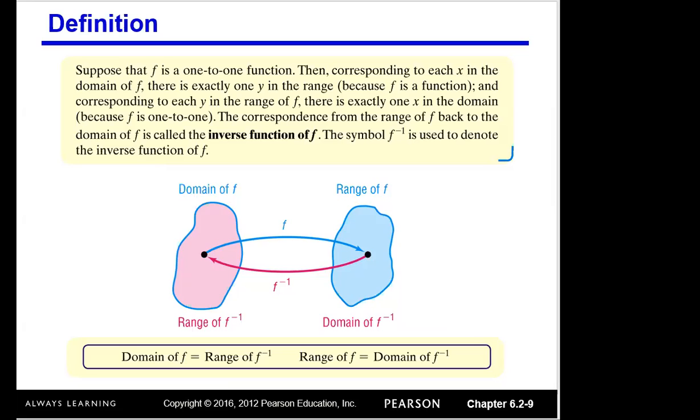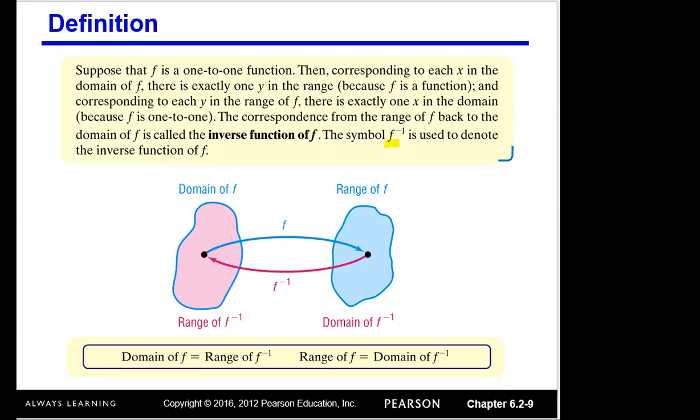And for each y in the range, there is exactly 1 x in the domain. That is the 1 to 1 definition. The correspondence from the range of f back to the domain of f is called the inverse of the function.